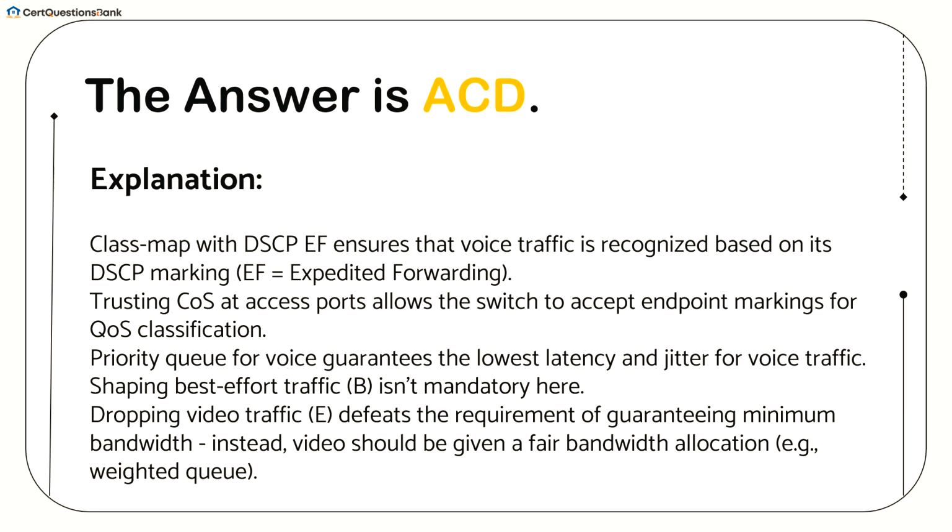Priority queue for voice guarantees the lowest latency and jitter for voice traffic. Shaping best effort traffic, B, isn't mandatory here. Dropping video traffic, E, defeats the requirement of guaranteeing minimum bandwidth. Instead, video should be given a fair bandwidth allocation, e.g., weighted queue.